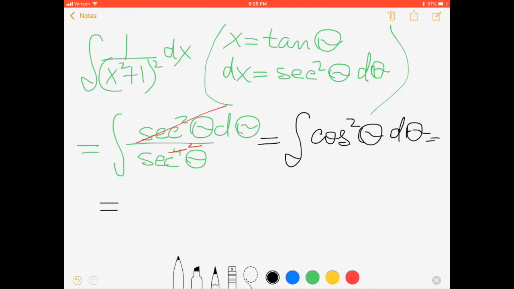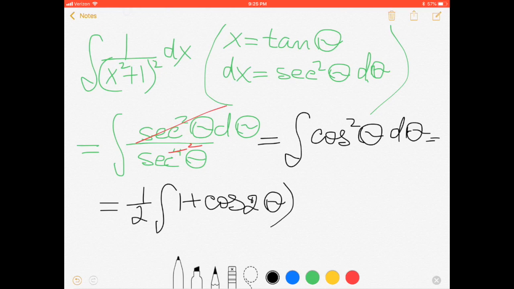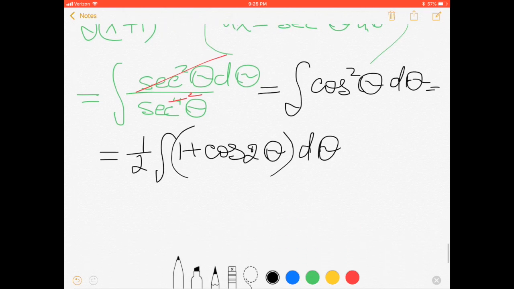Okay, let's go. We have the integral of cosine squared, which means 1/2 times (1 plus cosine 2 theta) d theta.